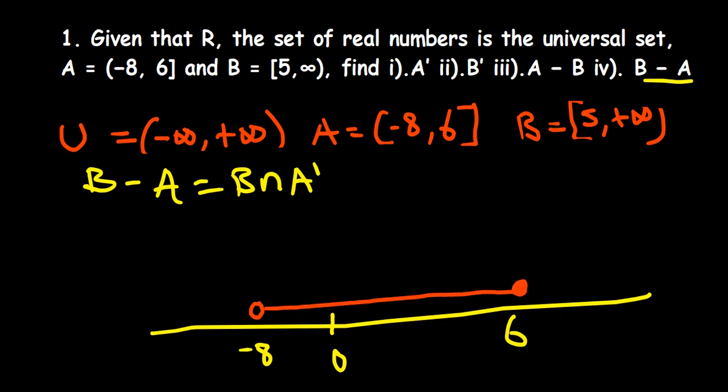Yes, sir. Why is it that B minus A isn't A union B complement? I'm saying, why is it that B minus A is not equal to A union B complement? Is this what you're asking?